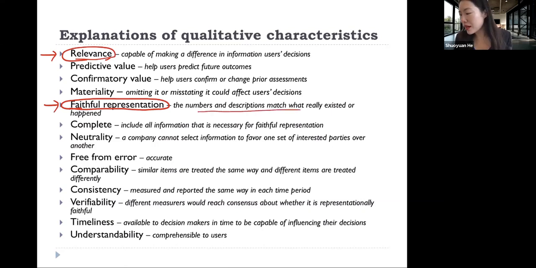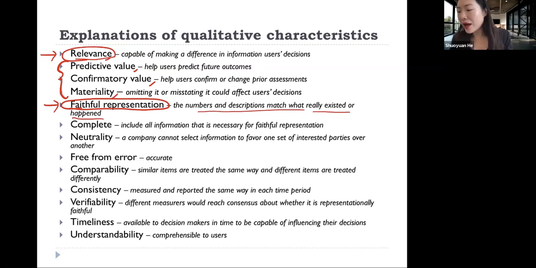And the numbers and descriptions match what really exists or happened. So that is faithful representation. It should be what really happened. Otherwise, it is misleading. And then for relevance, what is relevant information? It needs to have predictive value, confirmatory value, and it needs to be material.